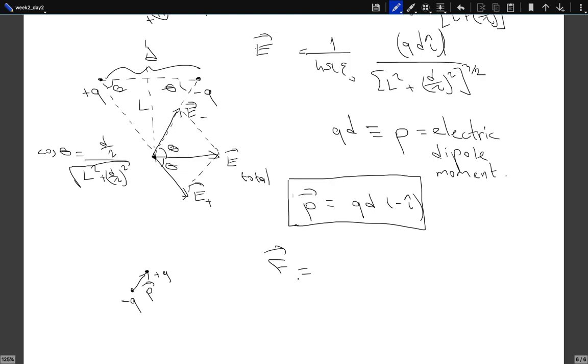Well, if there is an electric field in this region, the plus q charge will feel a force given by plus q times E. This is the electric force acting on a charge q by the electric field E. Then what will be the force that this minus q charge feels in an electric field? Minus q times the electric field.